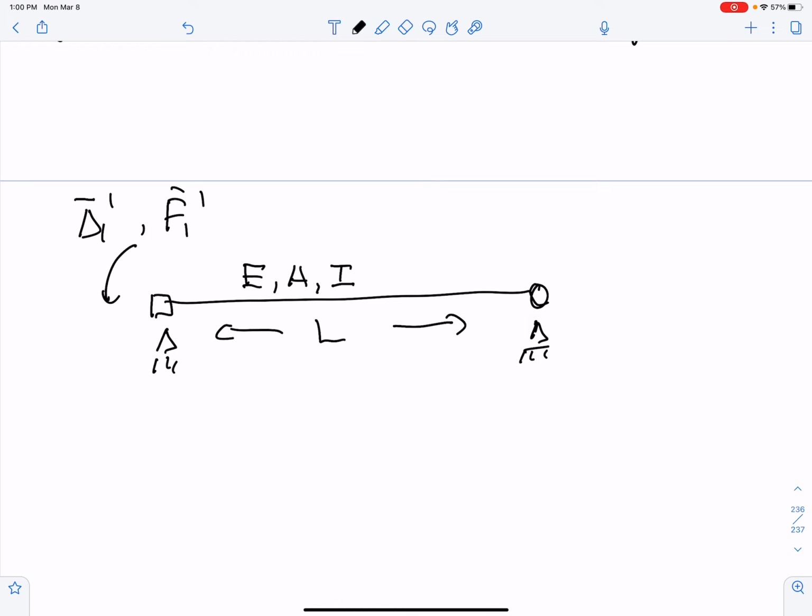Here we denote by delta over bar prime 2, F over bar prime 2, the corresponding rotation and moment here. And then we had our basic displacement, delta prime 3 over bar, and the corresponding basic force.